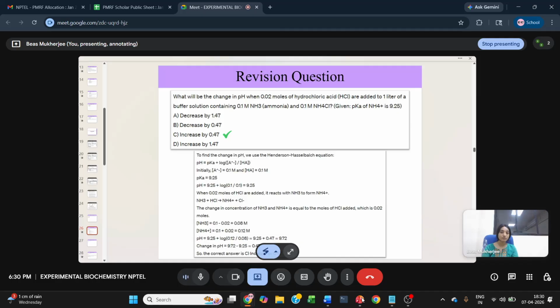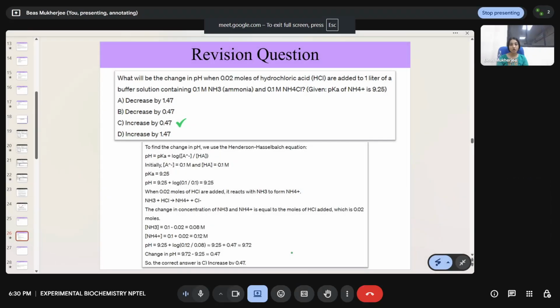The concentration of NH4+ is 0.1 plus 0.02, that is 0.12 molar, and pH is equal to 9.25 plus log of 0.12 divided by 0.08, that is more or less equal to 9.72. So the change in pH would be 9.72 minus 9.25, that is 0.47, and the final answer would be an increase by 0.47.